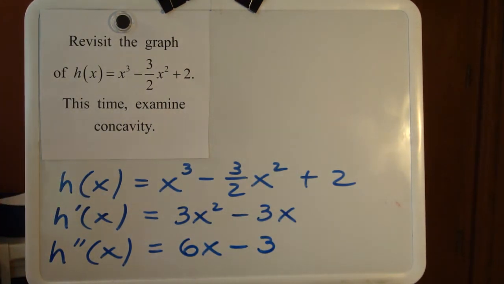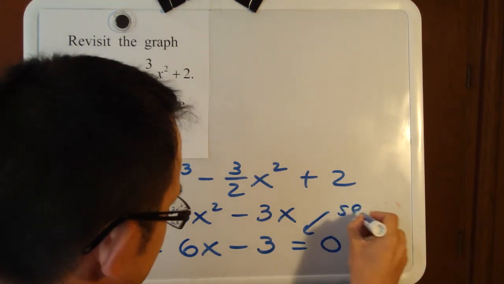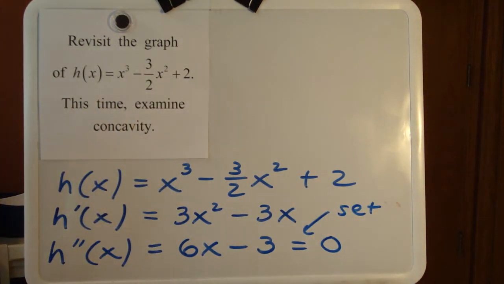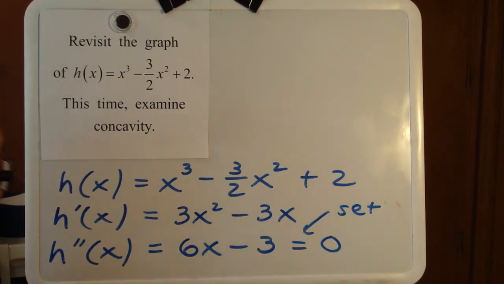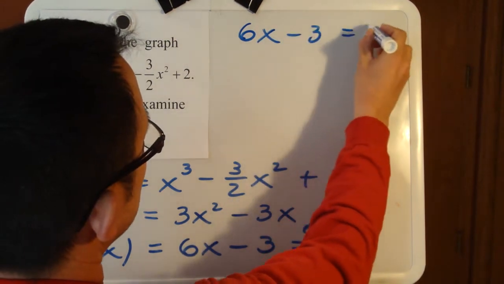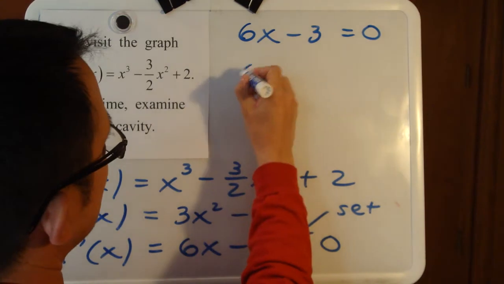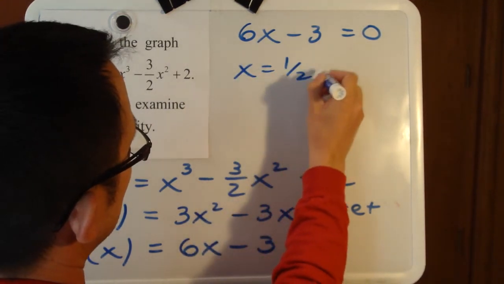We're going to do a similar thing here and set this equal to 0. This is not going to give us a critical number, but it's going to give us a possible point of inflection. So we have 6x minus 3 equaling 0, and if you solve for x here, it's going to be 1/2, so x equals 0.5.